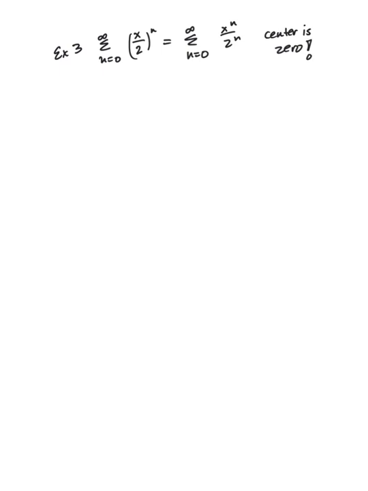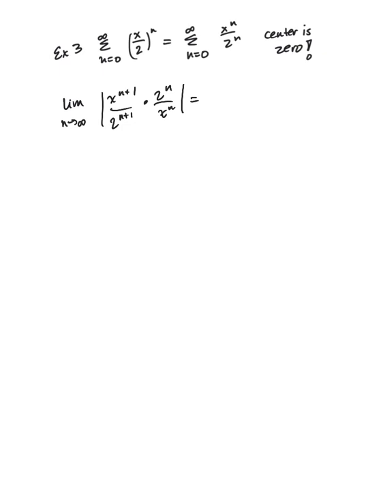Okay, so next we get the limit as n approaches infinity of the absolute value of x to the n plus 1 over 2 to the n plus 1, multiplied by the reciprocal, 2 to the n over x to the n. So remember, this limit has nothing to do with x. The x's are going to cancel out.